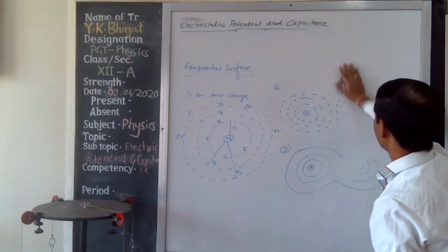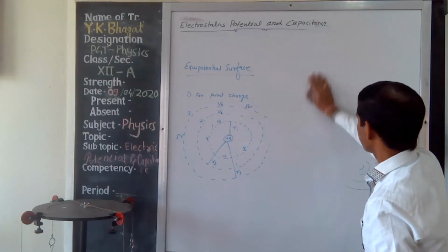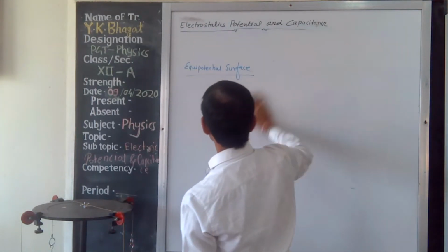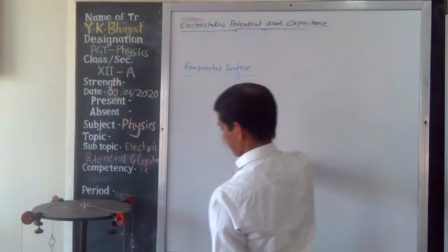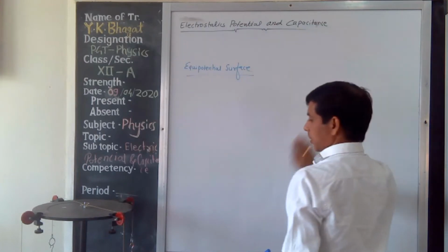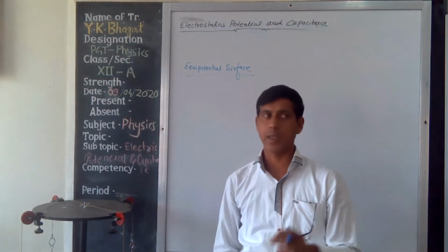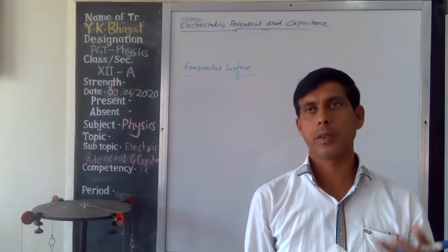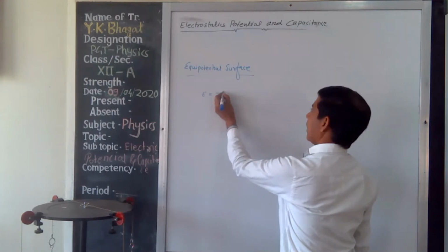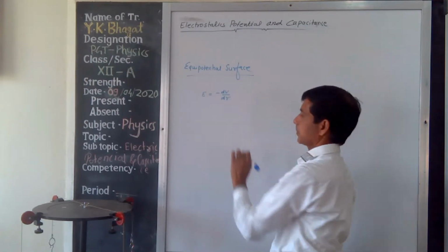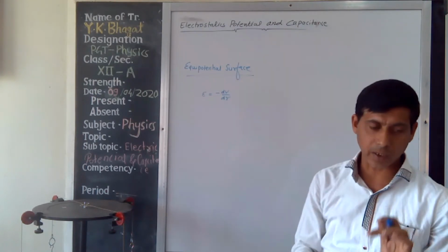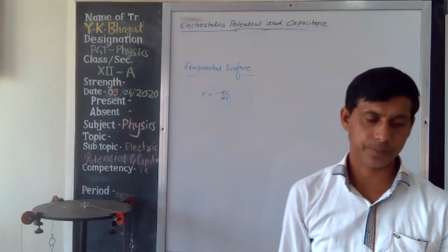And another property of equipotential surface we discuss here is that in the previous topic we derived the relation between electric potential and electric intensity: electric intensity is equal to minus dV upon dr. Electric intensity is the negative gradient of electric potential.